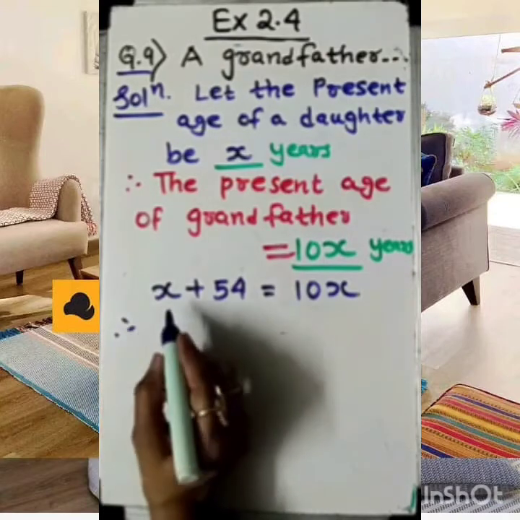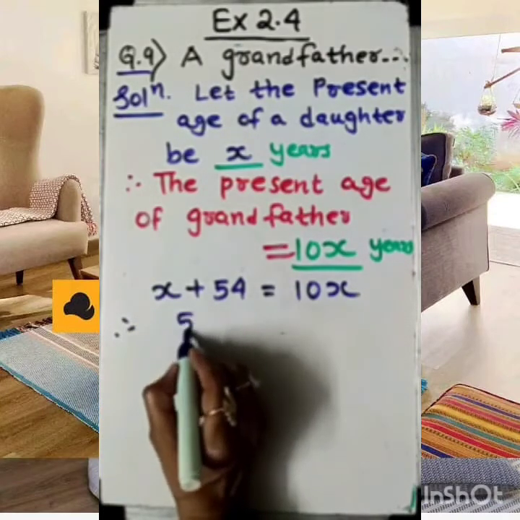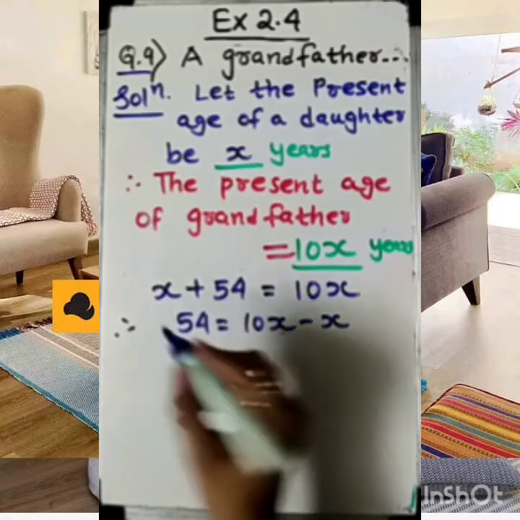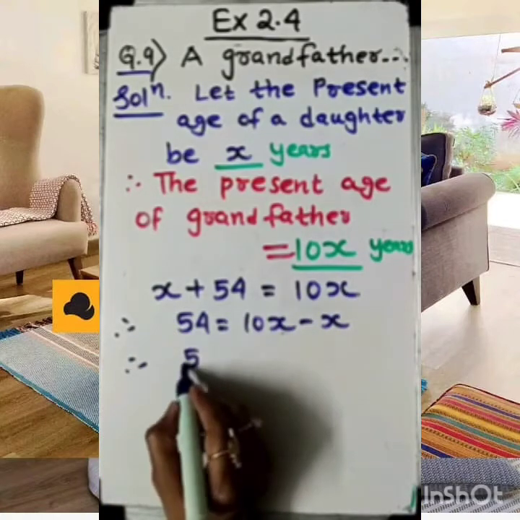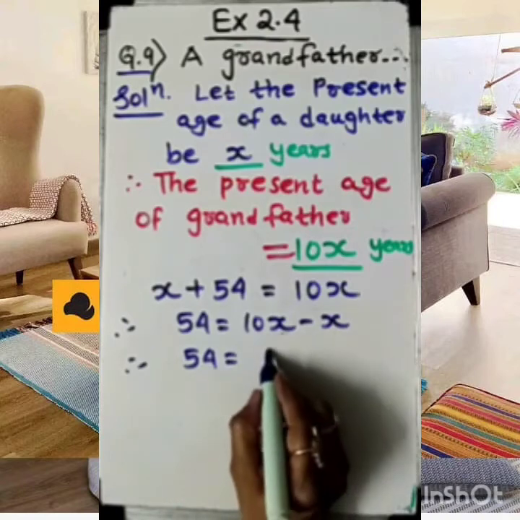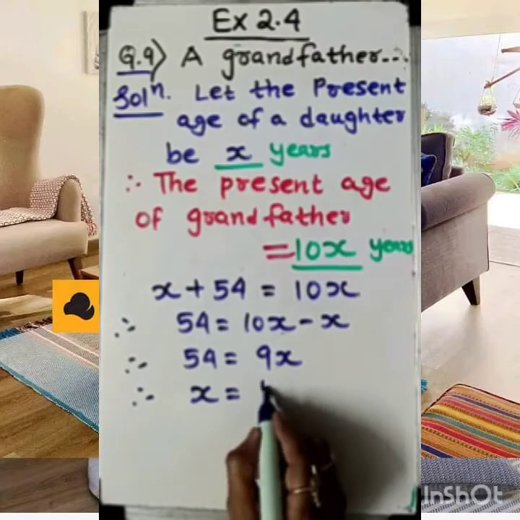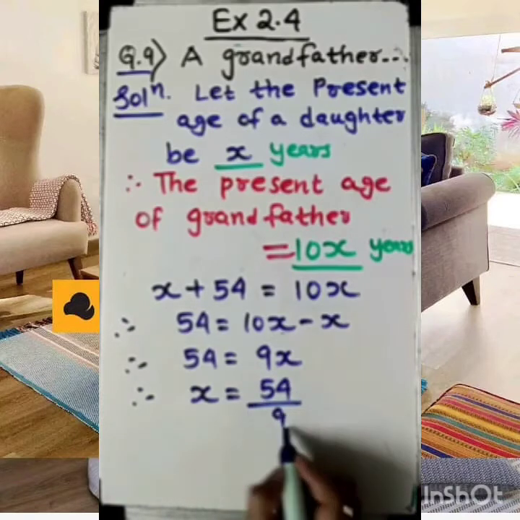So dear student, let me bring x to that side. So I will have here 10x minus x. x I am bringing to this side. So 54 equal to 10x minus x is 9x. Therefore, x equal to 54 divided by 9.